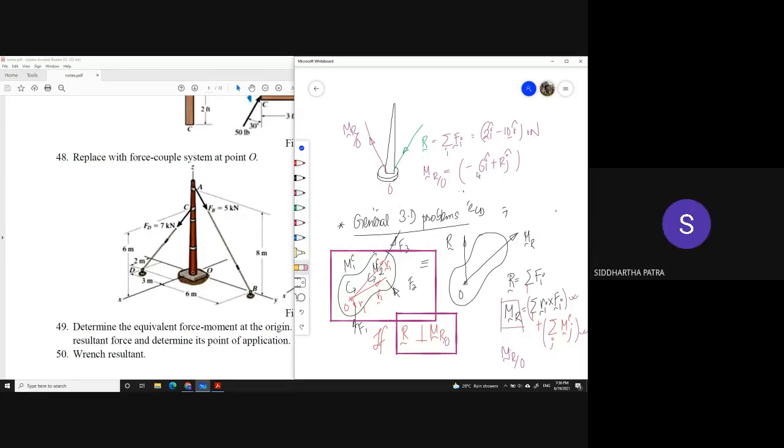What is the unit? Sir, kilonewton meter. Okay. So never miss to mention the unit, and never miss to mention the point about which you are trying to get the moment.